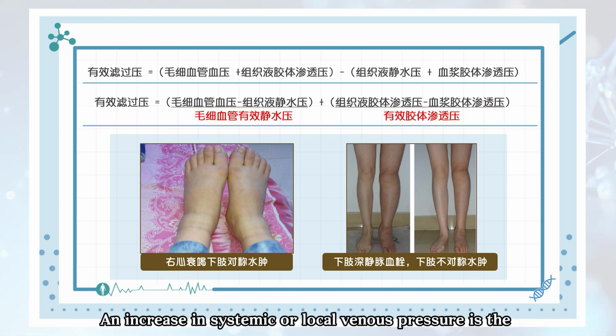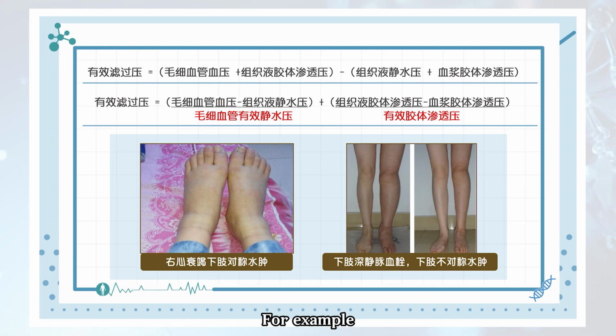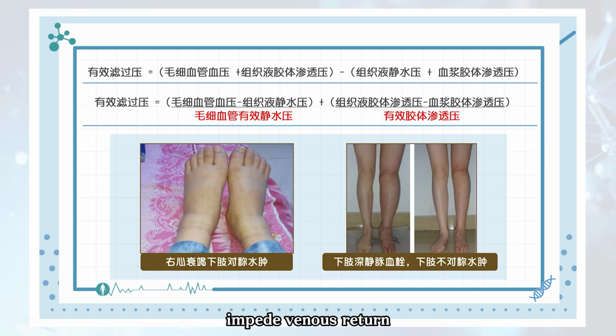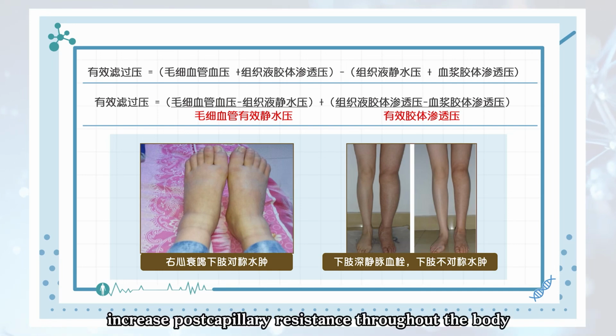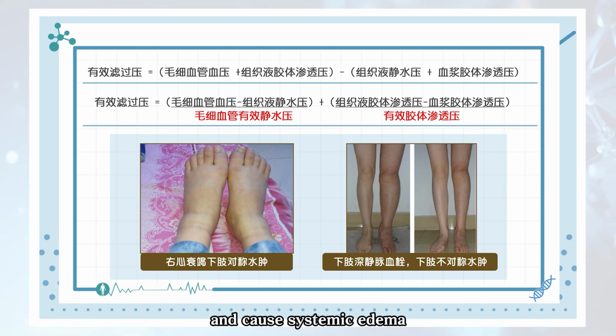An increase in systemic or local venous pressure is the primary cause of increased effective hydrostatic pressure. For example, right heart failure can increase systemic venous pressure, impede venous return, increase post-capillary resistance throughout the body, lead to increased effective capillary hydrostatic pressure, and cause systemic edema.